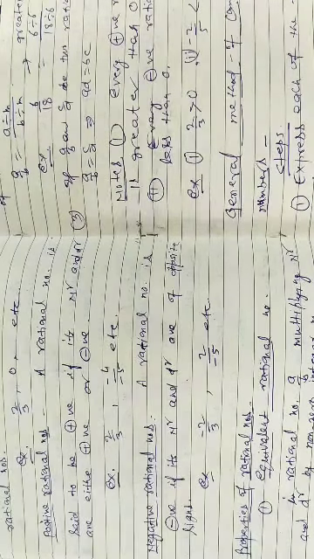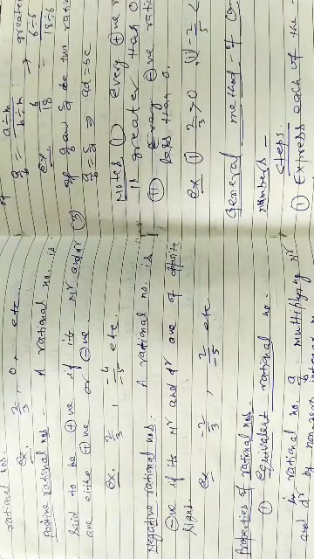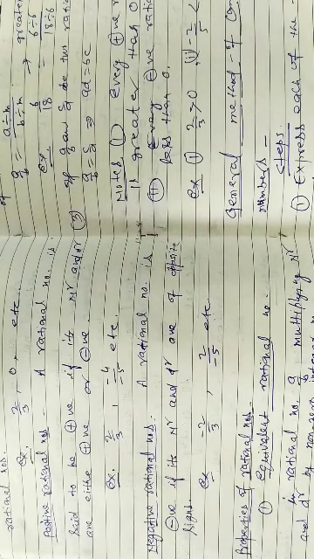Some important properties of rational numbers are given here. How can we decide equivalent rational numbers?